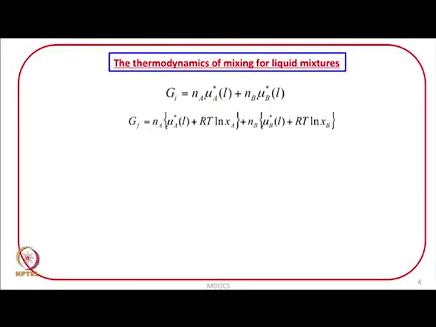Let us take a look at the slide. That is what I was discussing: this is the initial Gibbs function, this is the final Gibbs function. When you take the difference of the two, we get the equation nRT XA log XA plus XB log XB. This is what we also earlier derived for the gases.